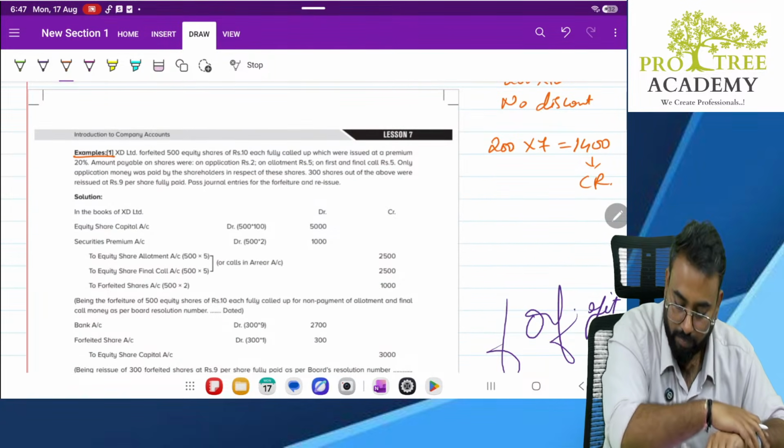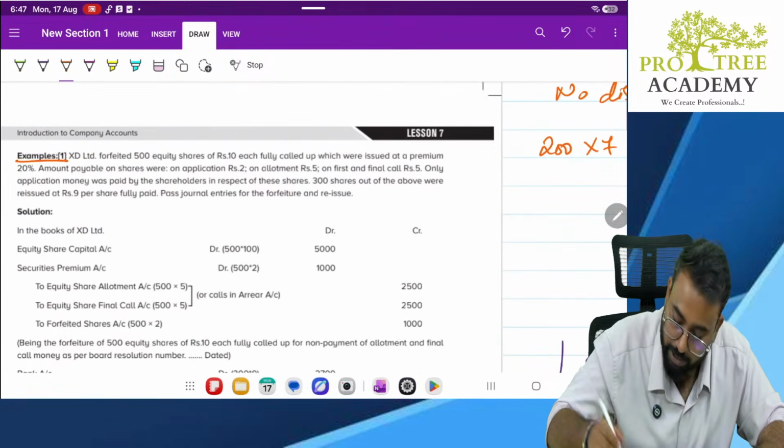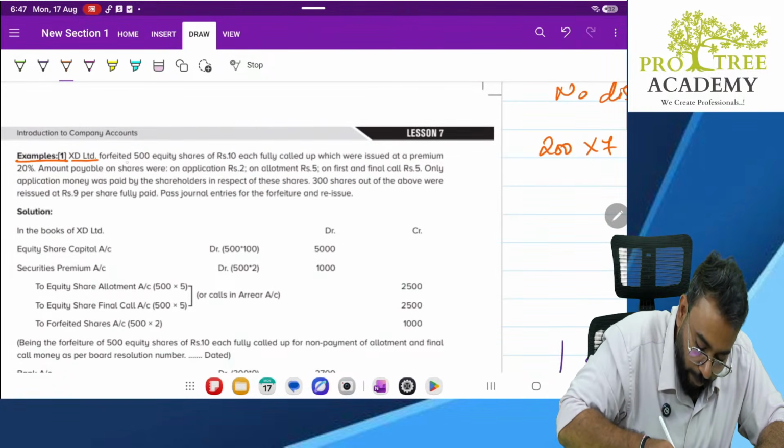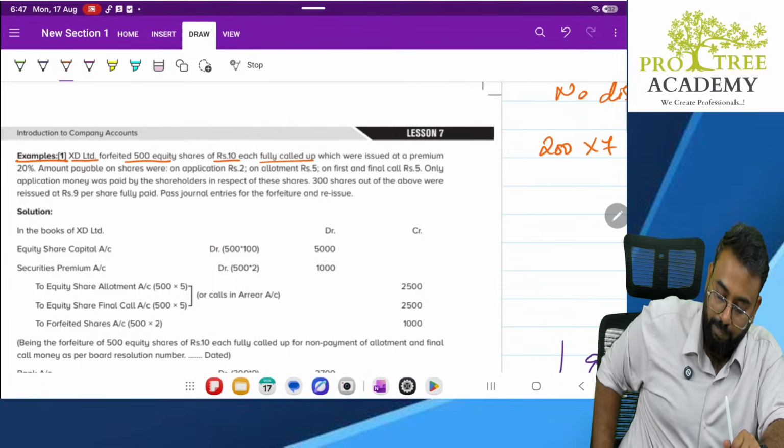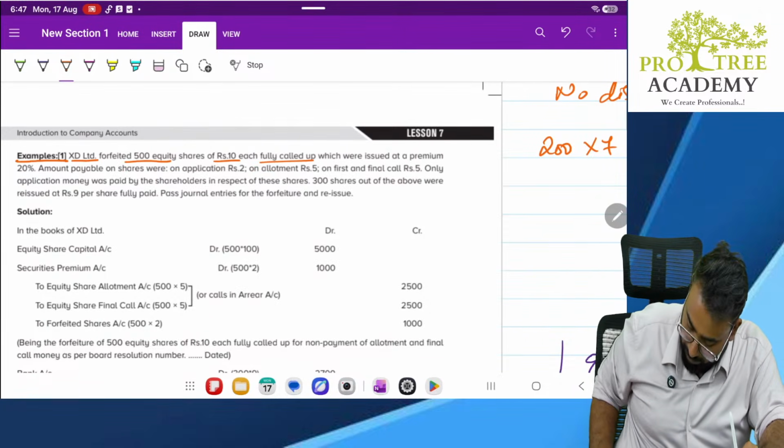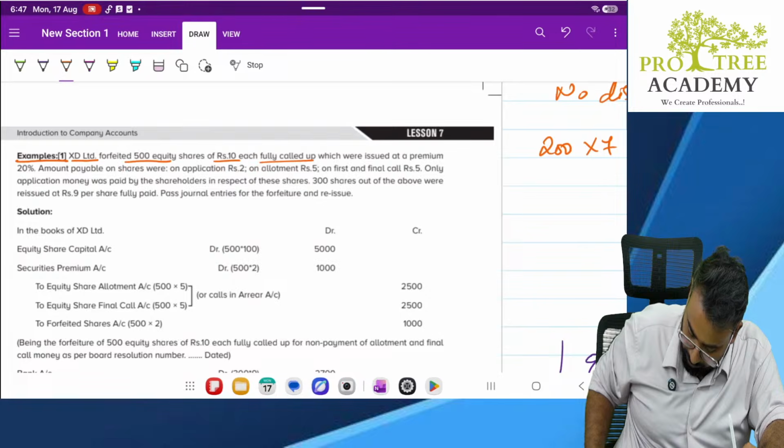Example 1. Please go through the example. Let's solve this. XD Limited forfeited 500 equity shares of 10 each, fully called up, which were issued at a premium of 20%.